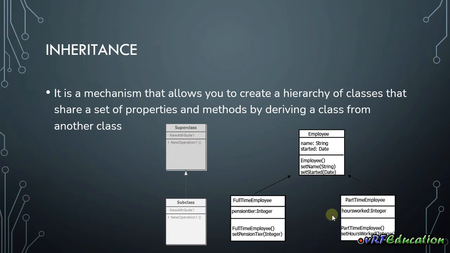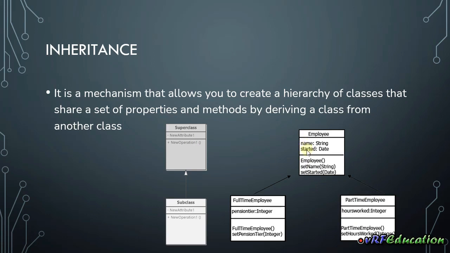Here we have two types of employee in our application: full-time employee and part-time employee. And we want to model these two entities. We know that these two types have a set of common properties and also methods or behaviors.